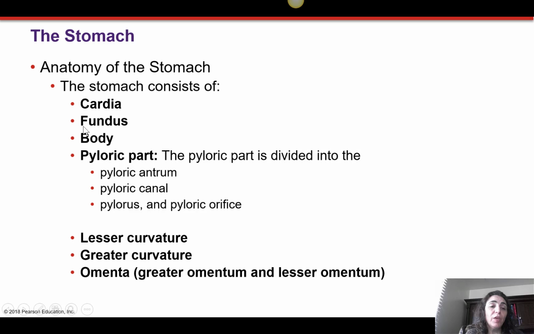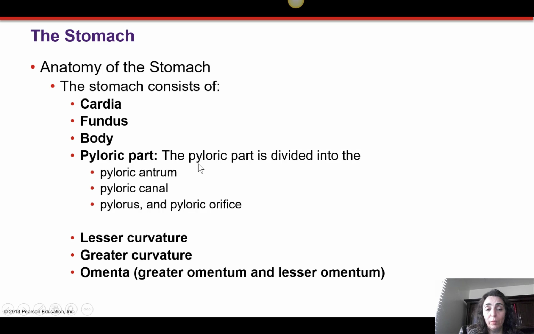Then we have the fundus. Fundus is the top part that goes after that junction between the esophagus and the stomach. If you put a horizontal line, the part of the stomach that is located above that is called fundus. Then after that we have the main part of the stomach that we call body, and finally the last part is called pyloric part.